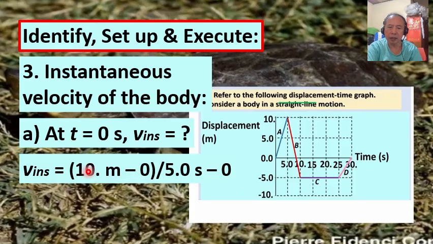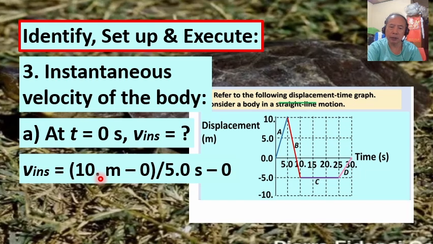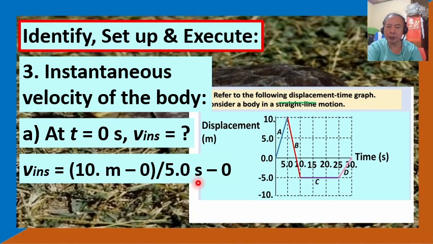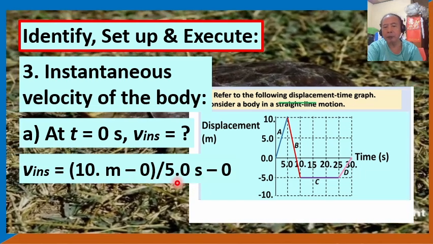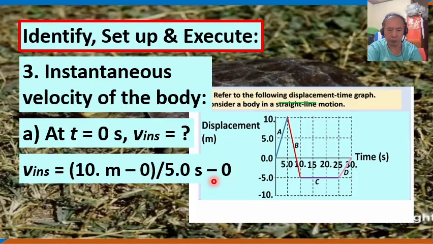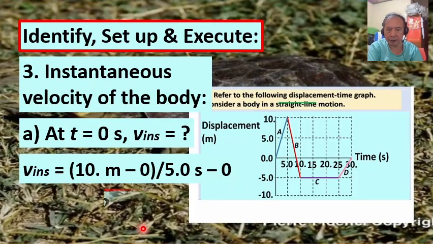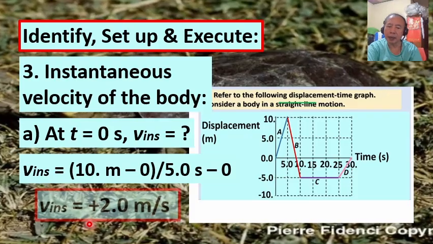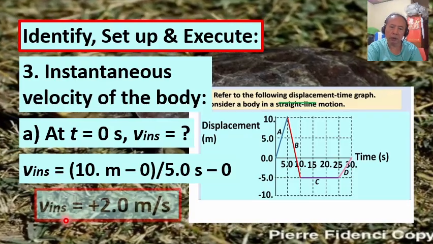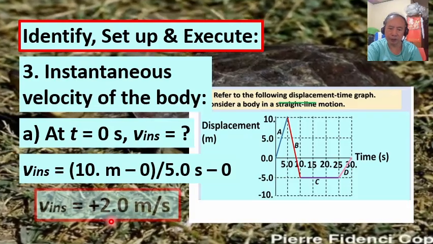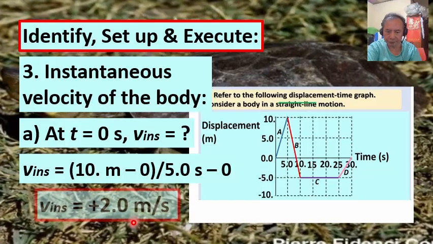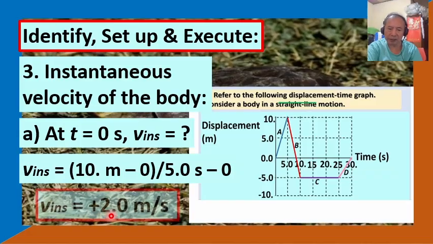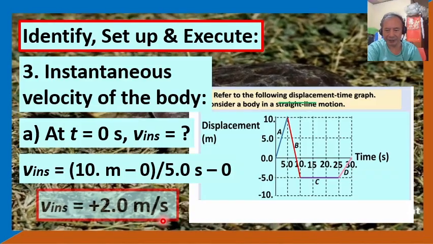That is, the quantity 10 meters minus 0 divided by the quantity 5.0 seconds minus 0. That is the instantaneous velocity, or the average velocity, equals positive 2.0 meters per second, right?